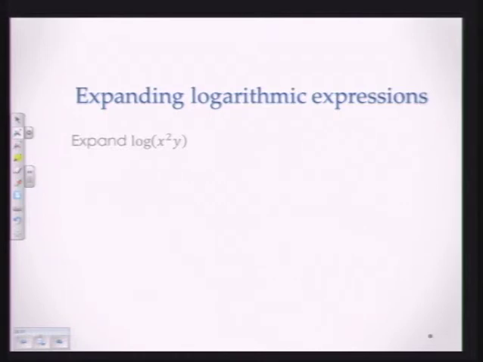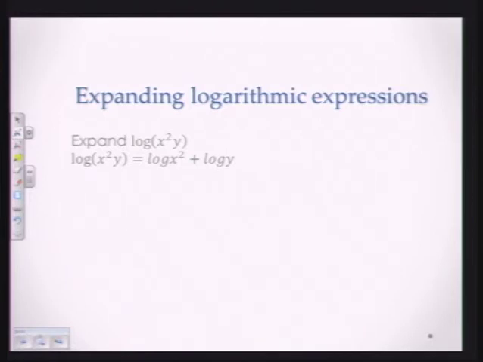I'm taking the common log, log base 10, of x squared y. Well, that's multiplication. Remember, logarithms take multiplication and turn it into addition. And so my first step will say that this is the log of x squared plus the common log of y.